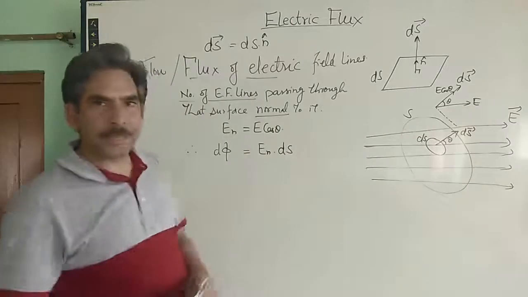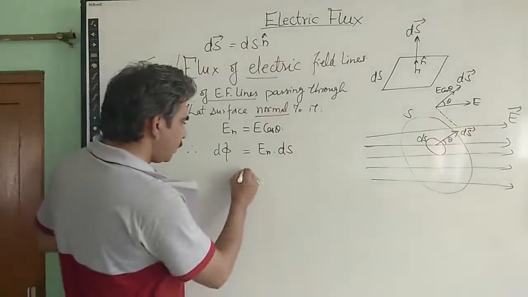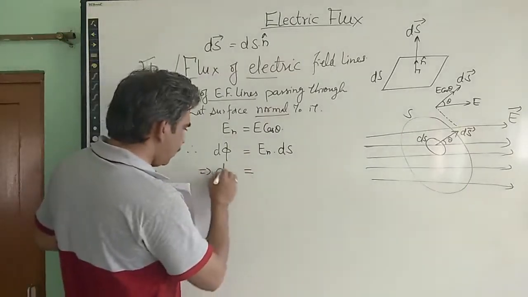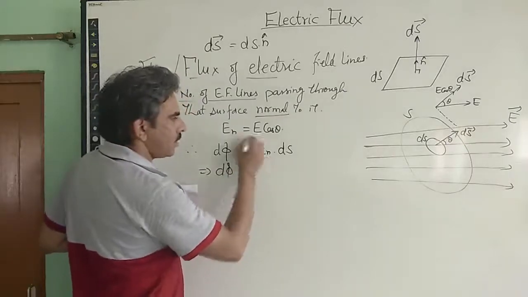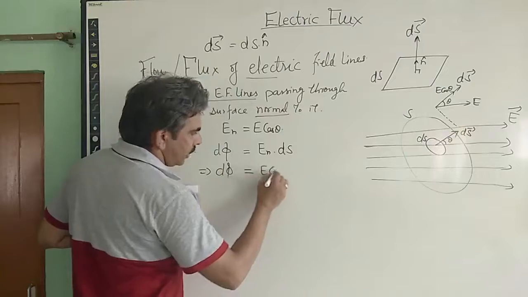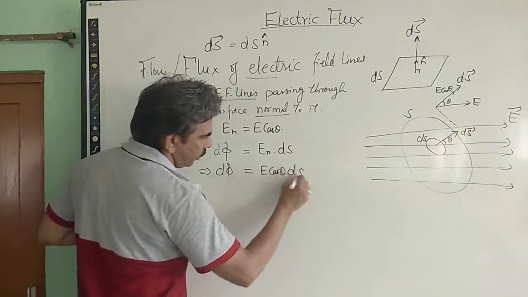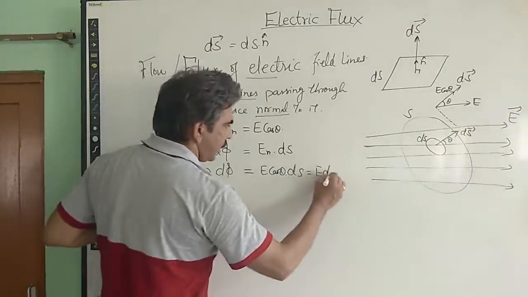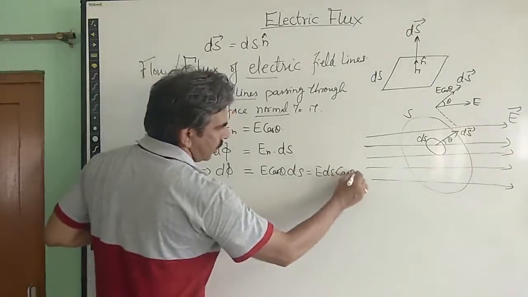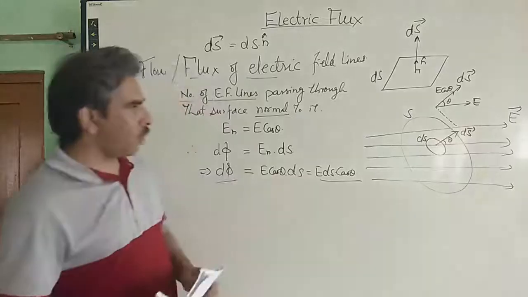So this simply becomes this normal component of electric field, E cos theta, into ds. So that simply can be written as E ds cos theta. So this is the flux through this small area ds.